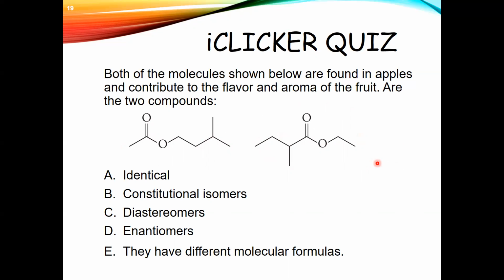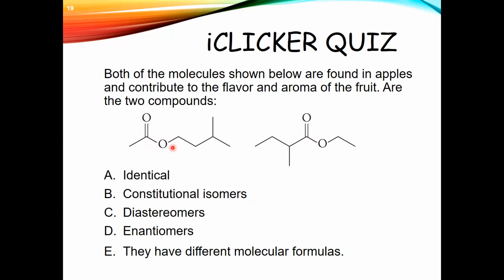So if we have the same formula, we want to make sure really fast that they are not the same structure. Because sometimes you'll see molecules and I'll ask you what type of isomers are these, and they're not actually isomers, they're the same thing. So let's look for a feature that we can look at. So in the left molecule, we see we have this double bonded oxygen with a single bonded oxygen on the right, and on the left, we only have a single carbon.